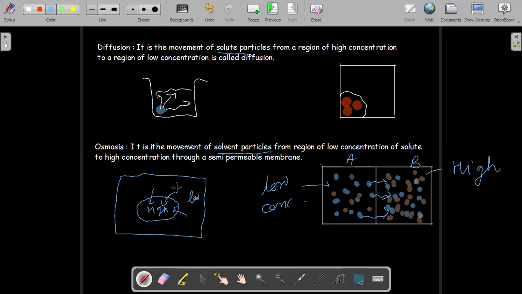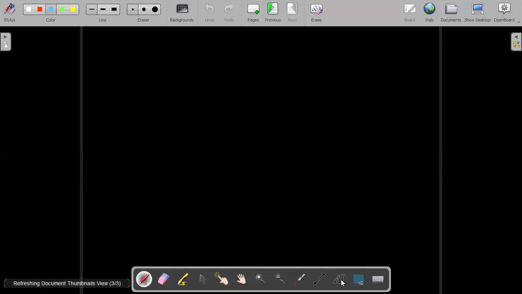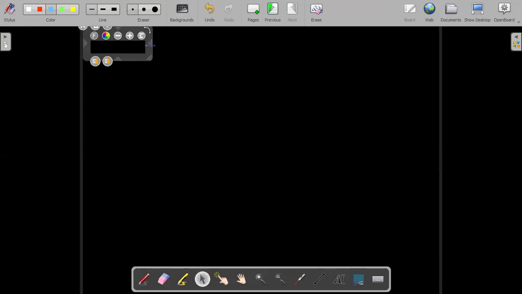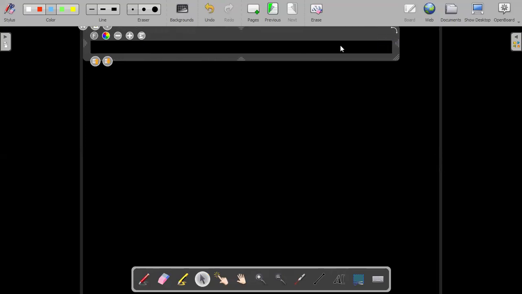Okay, so now it's clear about osmosis and diffusion. Now see a similar process that we use every day in our life, that is reverse osmosis. Has anyone heard about reverse osmosis? It means the movement of solvent particles from lower to higher concentration.